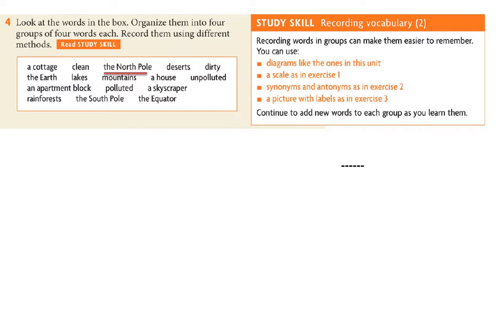The North Pole, for example, this is a very clear one, will come in the same group as the South Pole and the equator, and also the Earth, because the North Pole is the North Pole of the Earth, and there is a South Pole, and also there is the equator.